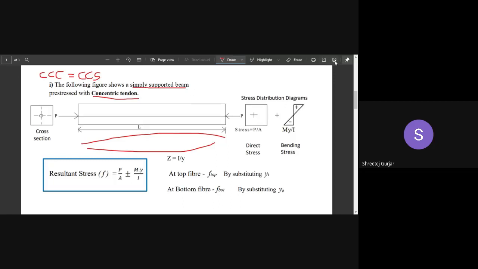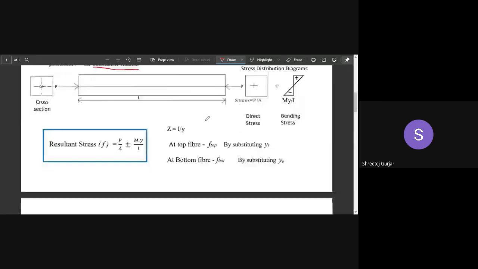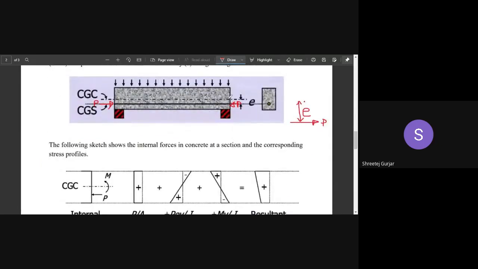If it was eccentric, based on the eccentricity, it will hog. If the eccentricity is below your neutral axis, it will hog, and if the eccentricity is above your neutral axis, it will cause sagging. Usually the tendons are located below your neutral axis, and hence it will always cause sagging effect.